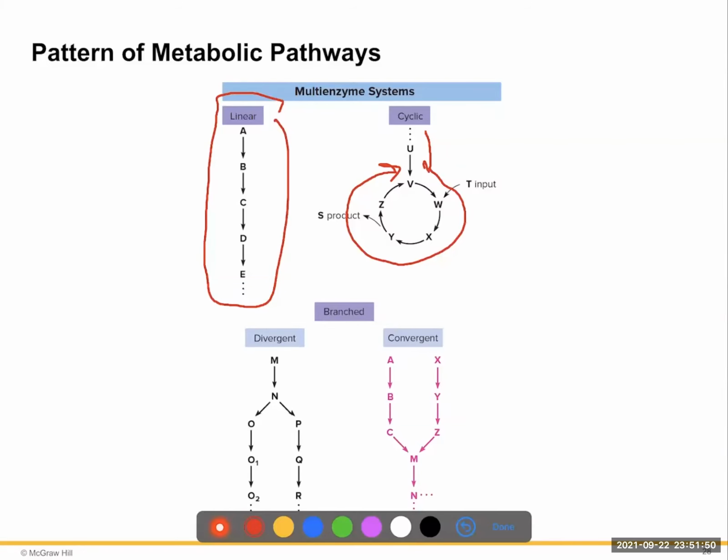It could be divergent, which means it goes down and then branches into two different pathways, or it could be convergent, where two different steps are followed and they converge down into one. So those are the four different types of pathways you're going to have: linear, cyclical, divergent, where one branches into two, or convergent, where two or more pathways come together to form one.